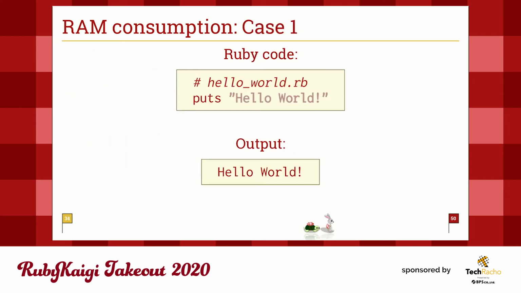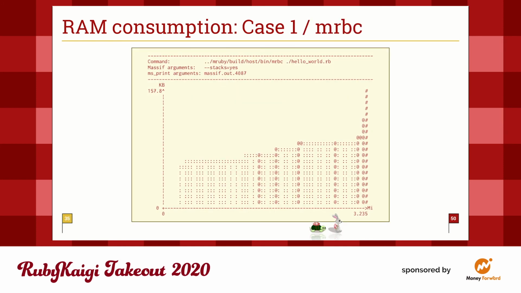Here's case 1. puts "hello world" contains one function call which has one argument without parentheses, as you see. Output is obviously hello world. This is the result of mrbc. Massif shows you a transition of memory usage in this graphical shape.